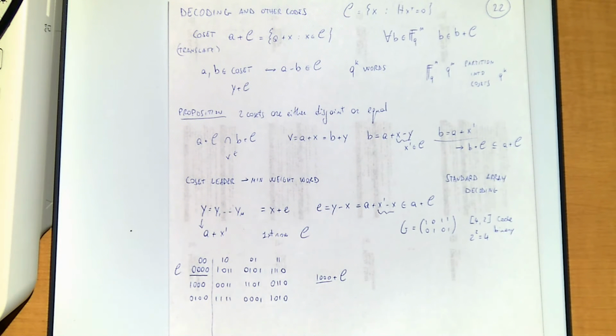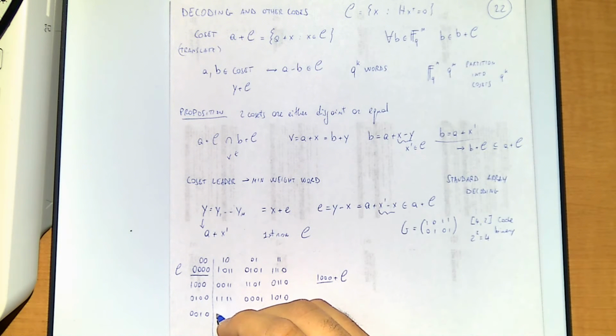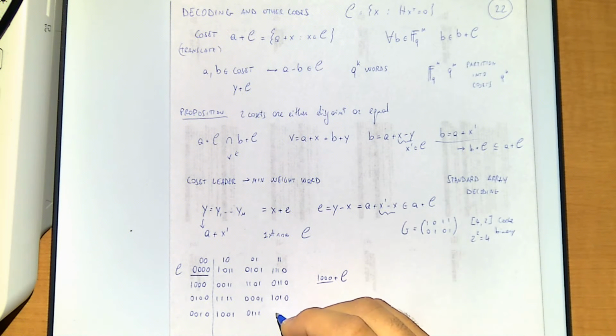Okay? And then finally I have 0, 0, 1, 0, and it gets me 1, 0, 0, 1, and then 0, 1, 1, 1, and then 1, 1, 0, 0.